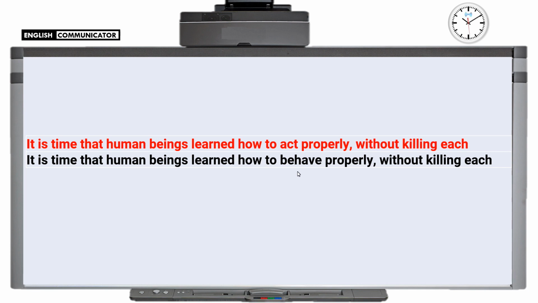Act is a performance on a stage or in a television series or in a movie. So you can't say act properly, you have to say behave properly. It is time that the human beings learn how to behave properly without killing each other. Always remember, you have to behave properly. You can't say "I act properly," it's "I behave properly."